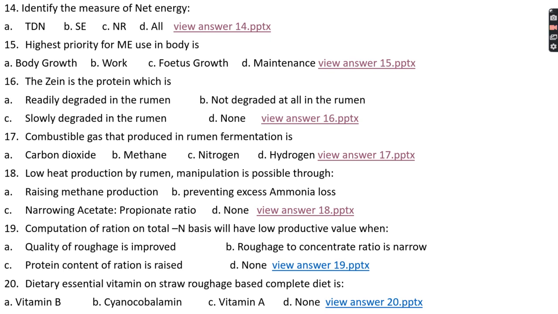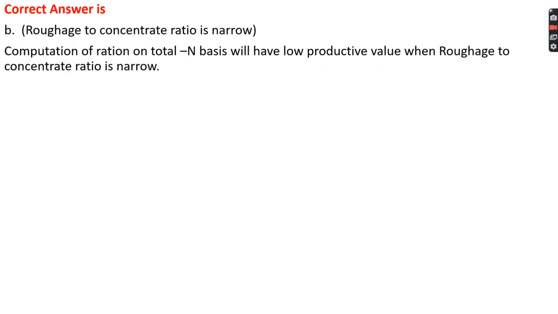Question number 19. Computation of ration on total nitrogen basis will have low productive value when quality of roughages is improved, roughages to concentrate ratio is narrow, protein content of ration is raised, option D, none. The right answer is option B, which is roughages to concentrate ratio is narrow.